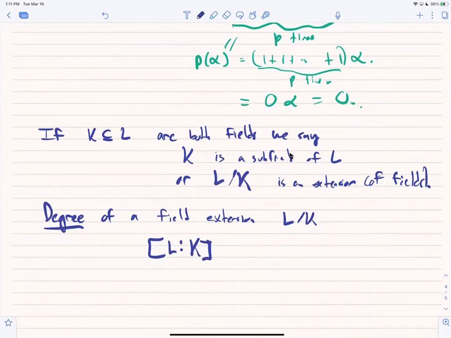When we talk about Galois theory, we'll see that this degree of extension is identified with the index of some subgroup in a group in some settings. And so this is the dimension of L as a K vector space.